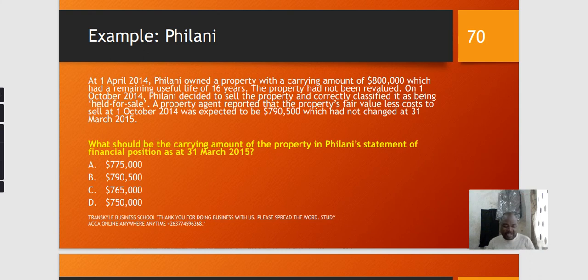April, May, June, July, August, September. So that's 6 months, right? A property agent reported that the property's fair value less cost to sell at 1 October 2014 was expected to be 790,500, which had not changed at 31 March 2015. What should be the carrying amount of the property in Pilan's statement of financial position as at 31 March 2015, that is 6 months at the end of the financial year?